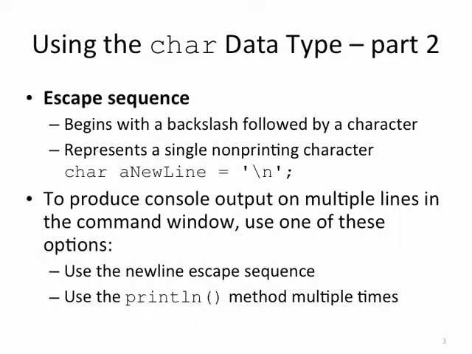The escape sequence is a single character, and the escape sequence allows you to put special characters inside strings. For example, if you want the enter key to be pressed in the middle of a string constant or a string variable, you can do that by using the new line character, \n.